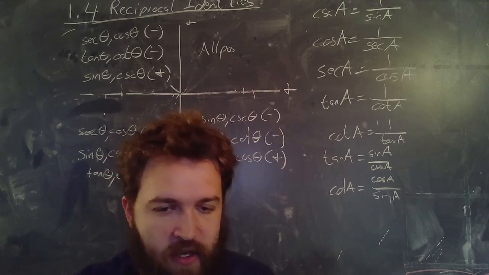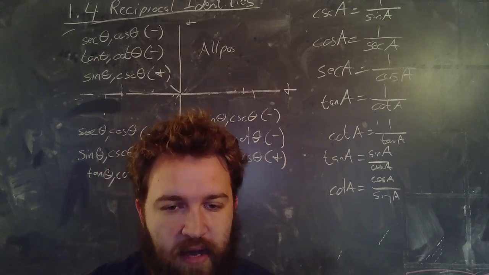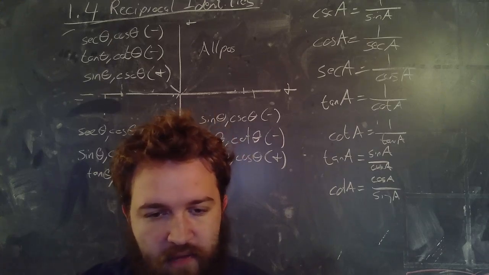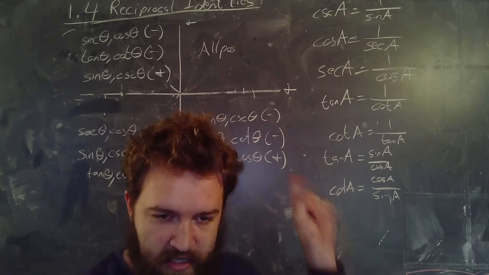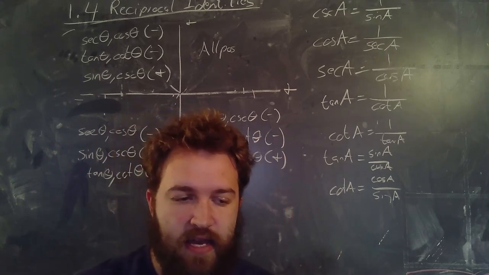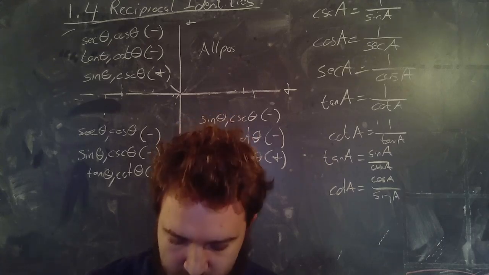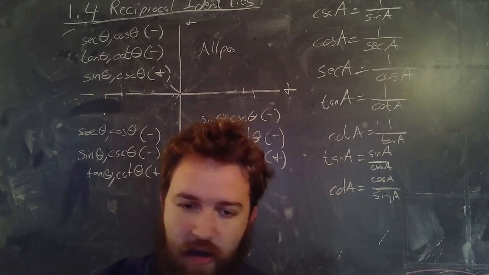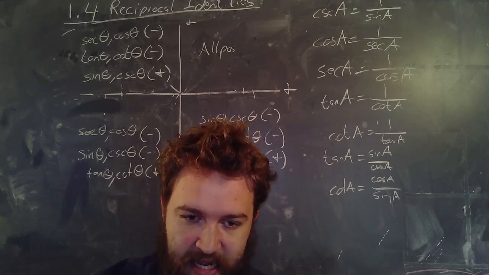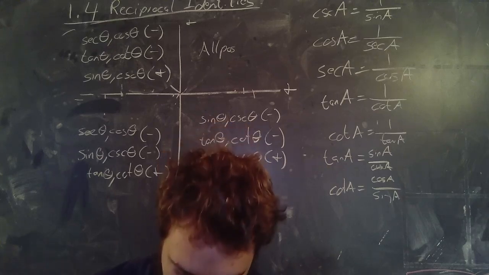Now, some of the questions in the homework will ask you to identify what quadrant something falls into based on two trig ratios. And I forgot to mention in this discussion that the information about the positiveness and negativeness has to be of two different trig ratios that are not related to each other. That means it can't be sine and cosecant, they're related to each other.